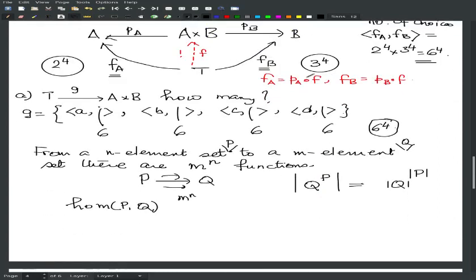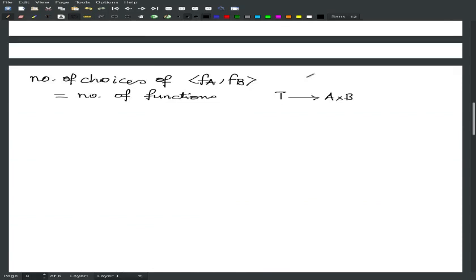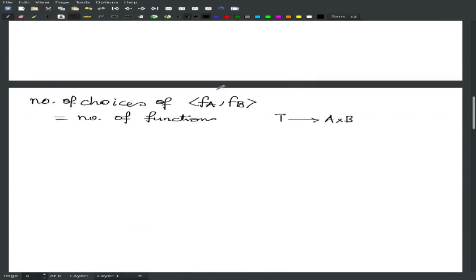That was also something you saw. And so what is this number of choices of FA and FB?